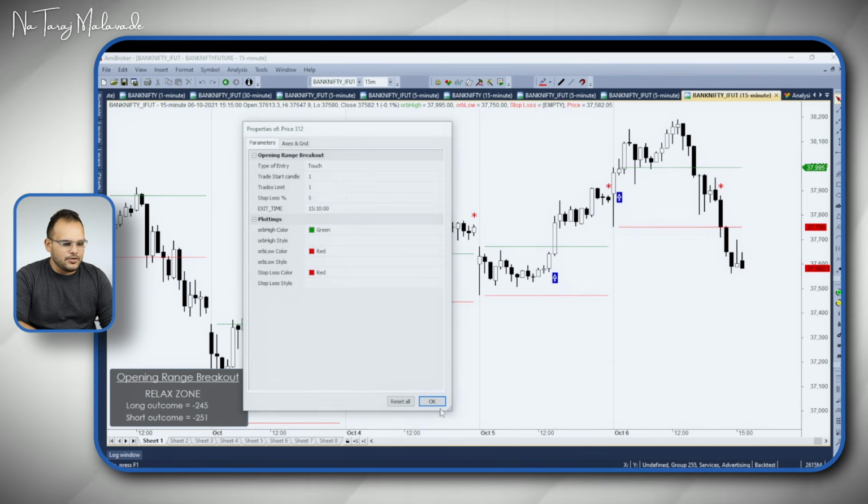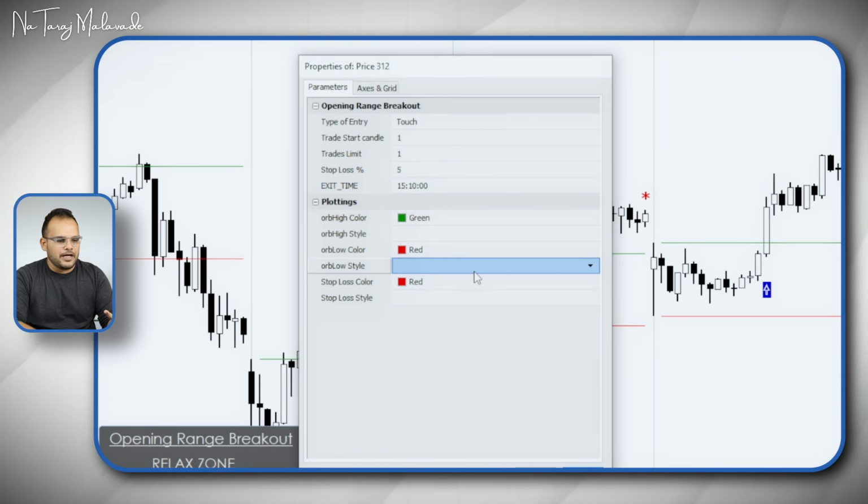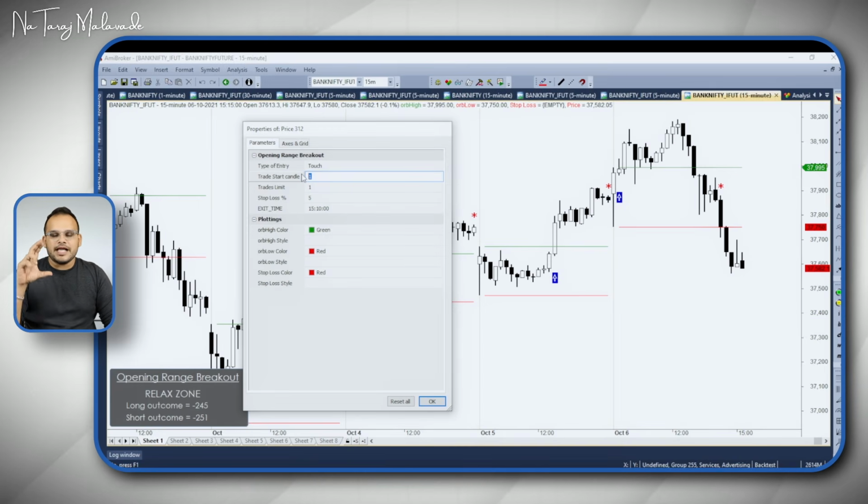In this case, this is a 15-minute chart, and this opening range high and low can be controlled from the parameters. If you right-click and go to Parameters, we have several parameters to control the overall strategy. Starting candle is where we can control the opening range. For example, if I give it as 1, the first candle will be considered for the opening range. If I want the first 1 hour as my opening range, then I give it as 4.